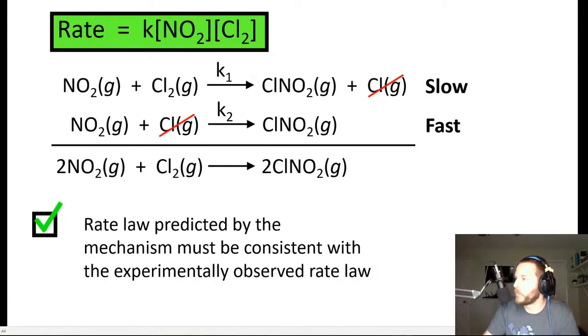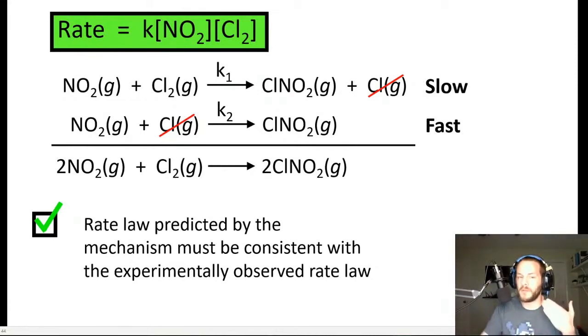So far, for the mechanism that we looked at, we were able to arrive at a rate law for a mechanism with a slow initial step, with a slow first step.